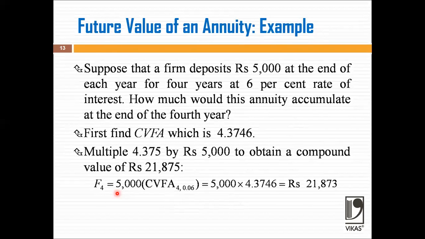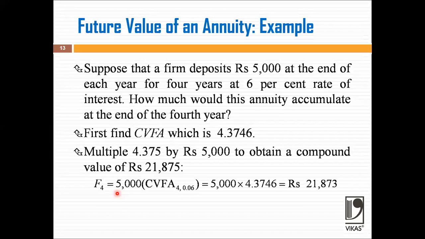Suppose, future value of an annuity example. Suppose that a firm deposits rupees 5,000 at the end of each year for 4 years at a 6% rate of interest. How much would this annuity accumulate at the end of the fourth year? So read the question very carefully. You have to decide whether it's a simple future value or an annuity future value.